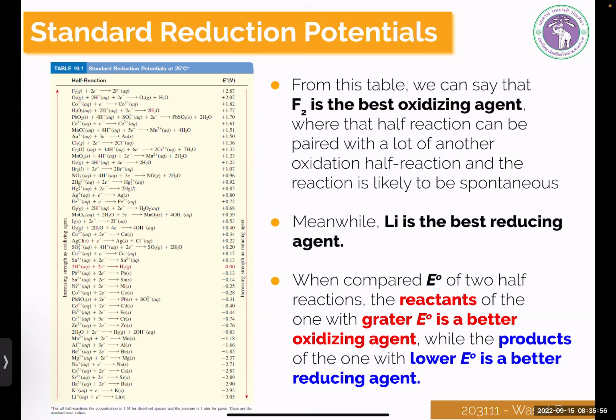Well, the answer is actually on the slide. I should have told you. Fluorine, right? F2. What about the best reducing agent? Lithium.